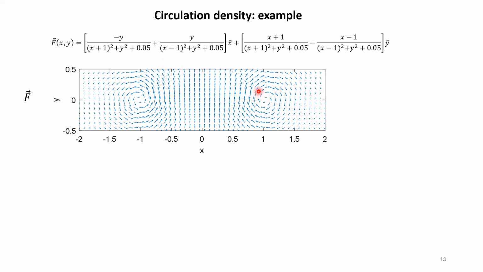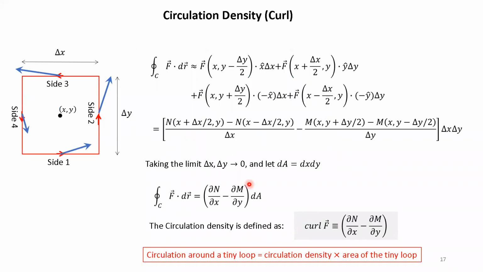So basically it's a superposition of 2 vortexes you could think of. Now this is my vector field, and for each point, for each tiny region, I could calculate the so-called circulation density using my formula over here.